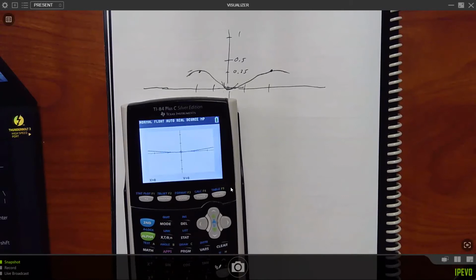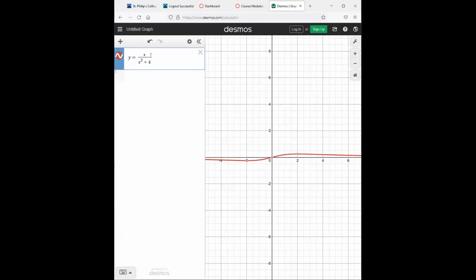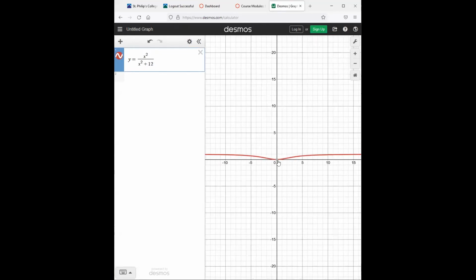Yeah, something like that. If we do Desmos, it's probably prettier. Let's see here. Yeah, kind of clear. Original, x squared over x squared plus 12 on the bottom. Yeah, so here it is.